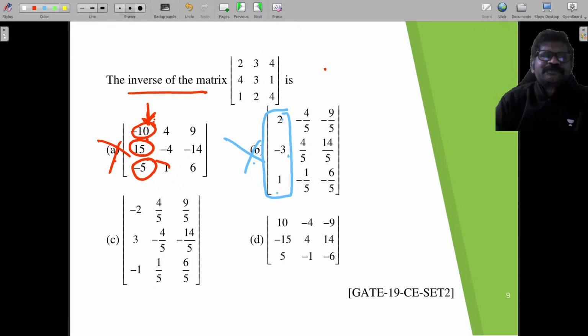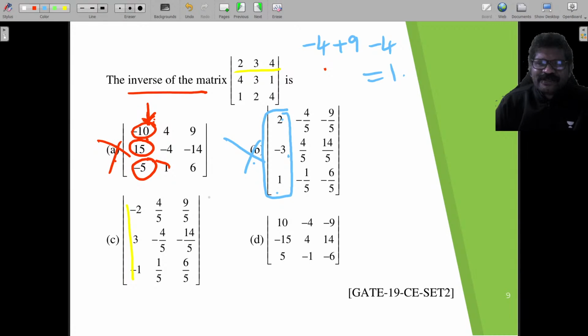Third option. 2 3 4 multiplied with minus 2, 3, minus 1. What is the result? 2 into minus 2 minus 4, plus 3 threes are 9, and 4 into minus 1 minus 4. The result is 1. First entry is 1.